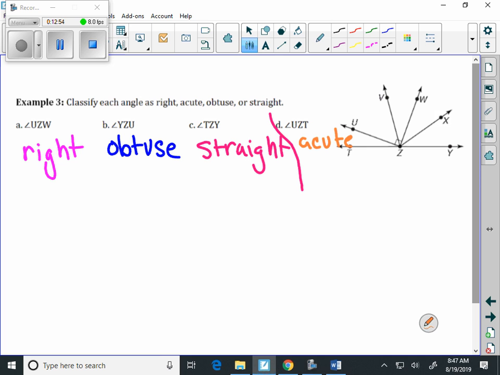Again, a reminder, acute is an angle that's less than 90 degrees, and an obtuse has to be greater than 90, but less than 180.